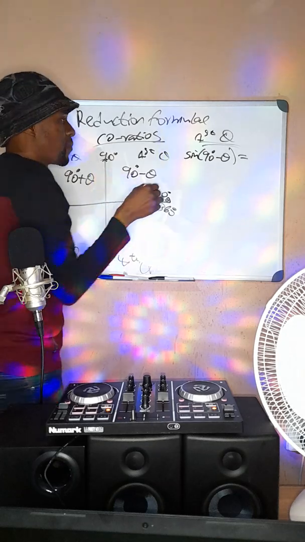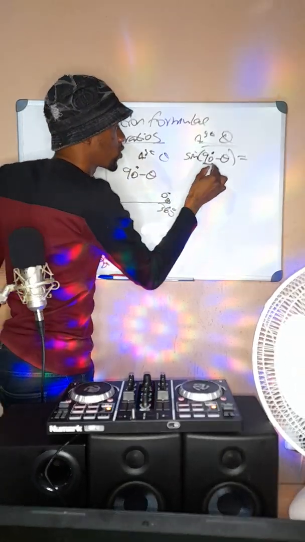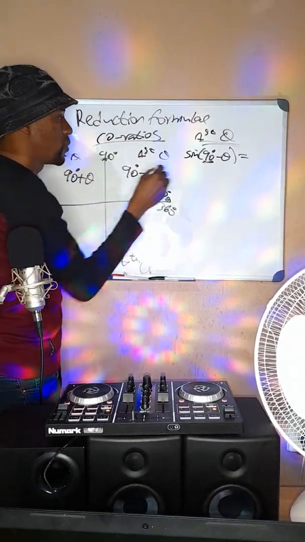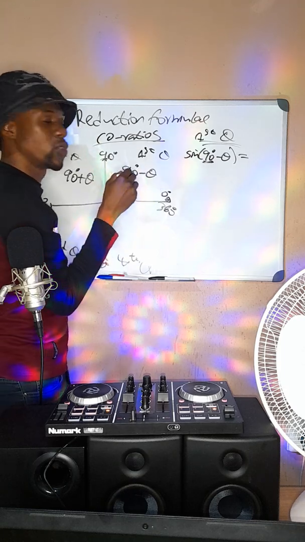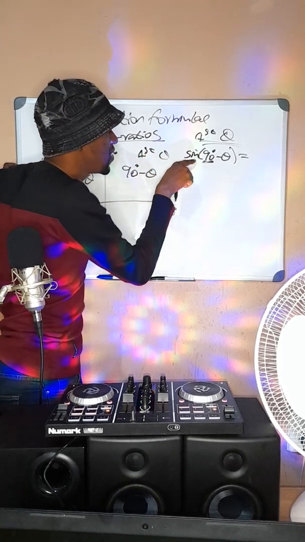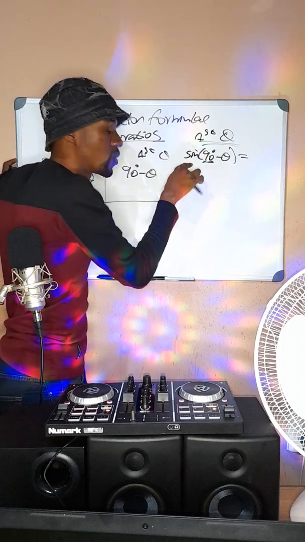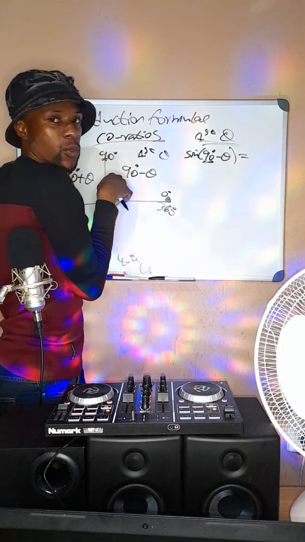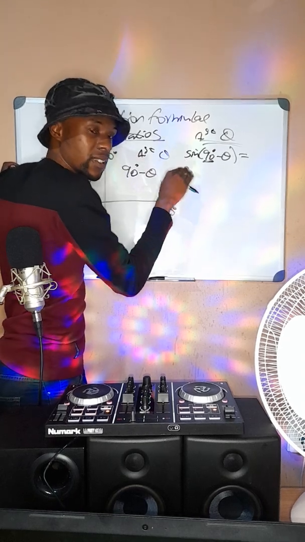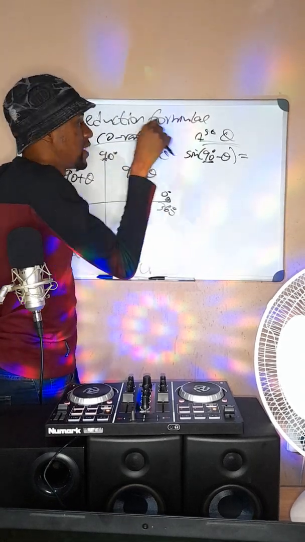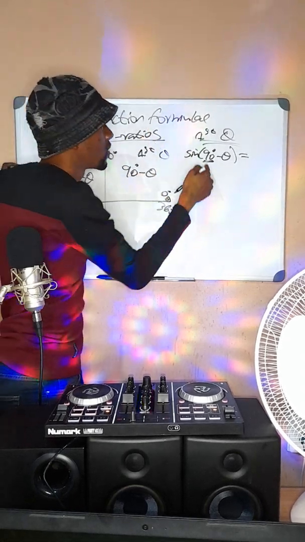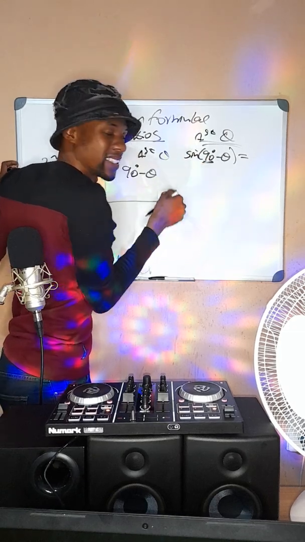The moment you come across the 90 degrees, you know that if here you are having the sine, then on the other side, when you reduce, you must have the cosine. If you are having the cosine this side, on the other side, you must have the sine. Then you ask yourself, 90 degrees minus theta.